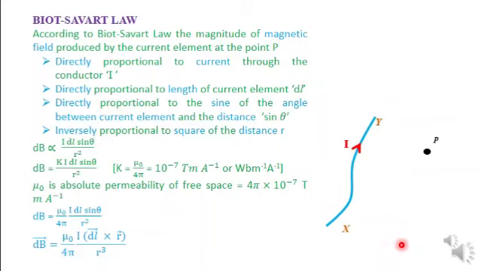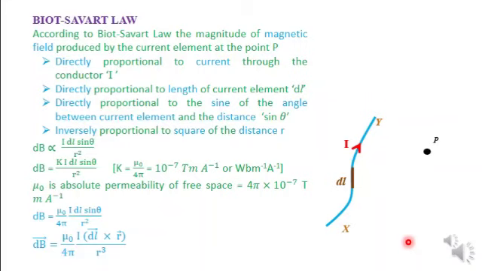First, we can calculate the magnetic field dB induced at this point due to one such element of the current carrying conductor. To find the total magnetic field at that point, due to the entire wire, we can take the sum of magnetic fields due to all current elements.